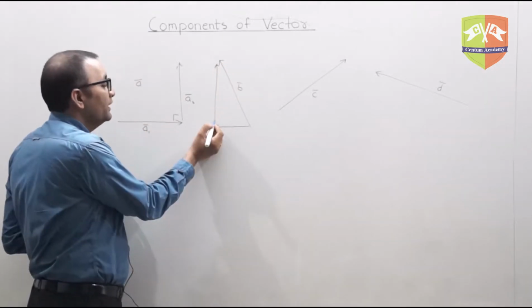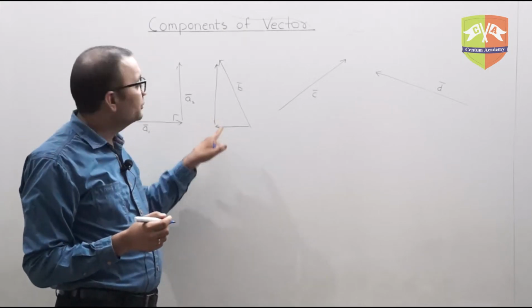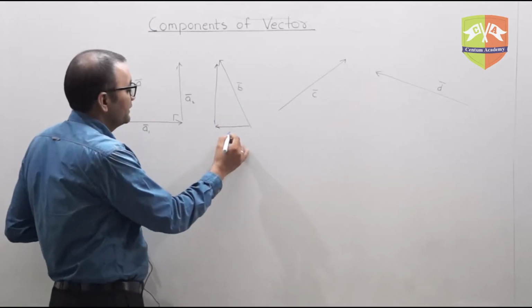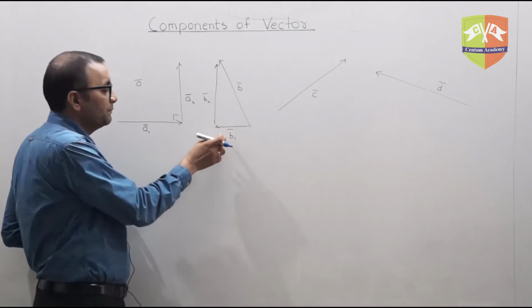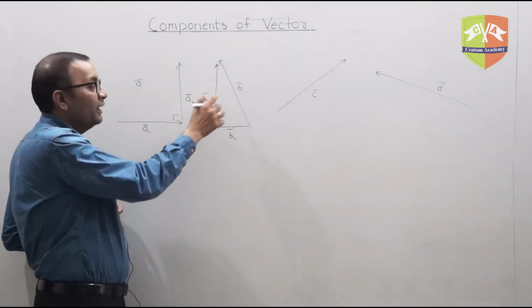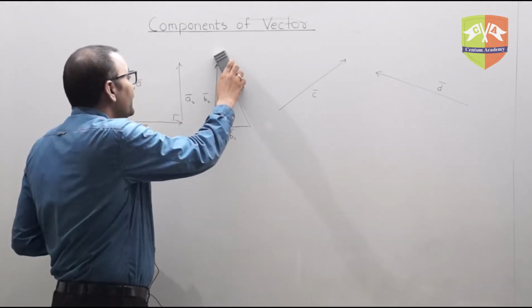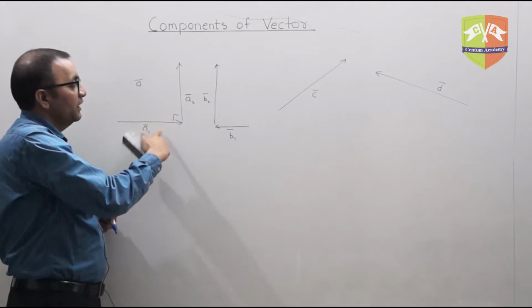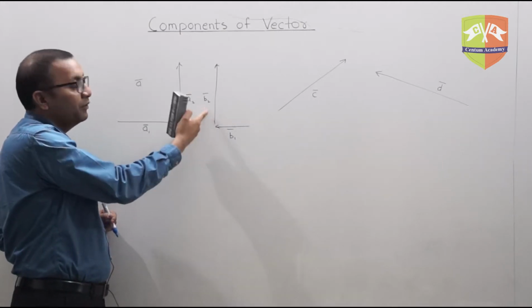All I have to do is create a triangle, and the sum of two sides of a triangle should be equal to the third side, which is the actual vector, right? I can say that this is the B1 vector and this is the B2 vector. Since B1 plus B2 is equal to B, I can remove this vector B. So A is two vectors A1 and A2, and B is two vectors B1 and B2.